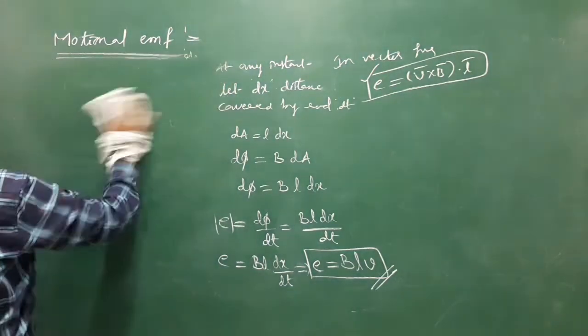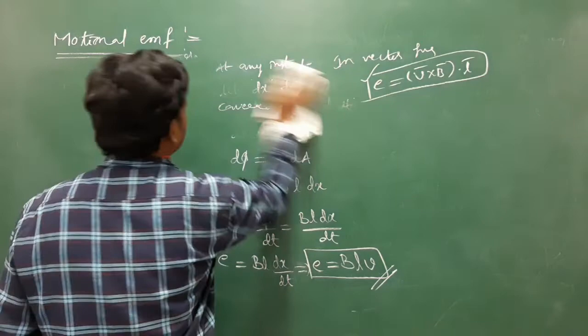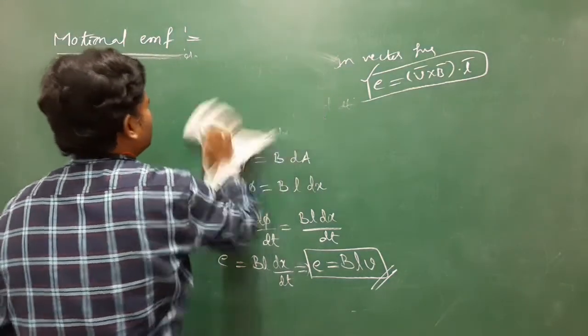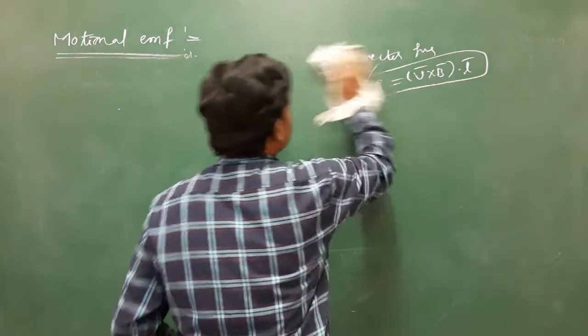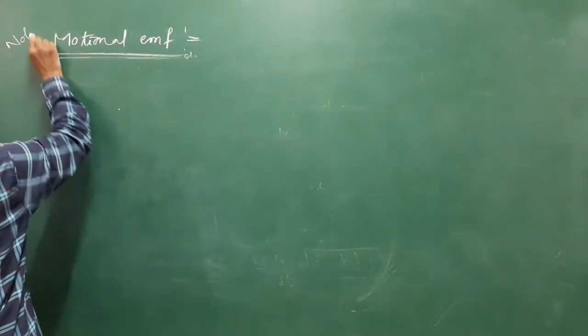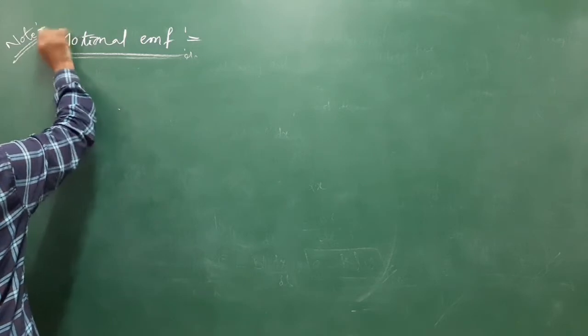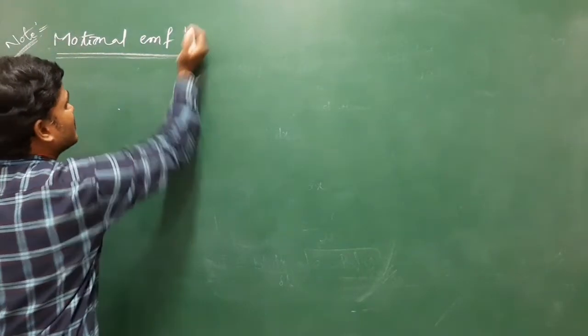And let me show another, alternative derivation of motional EMF. Just keep in mind this is useful for both, and next I am going to use some applications. Take that as a note, it is useful for knowledge and for entrance exams.